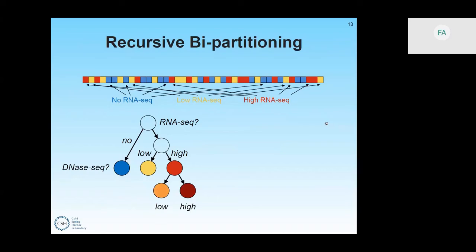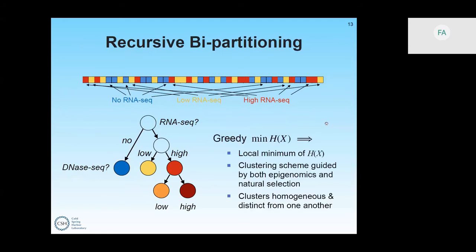And by doing this recursively, we can grow a decision tree that's going to find combinations of covariates that are informative about natural selection, okay? And we'll effectively be simultaneously fitting the evolutionary model and finding the clustering. We'll be doing it using a greedy algorithm that's not guaranteed to find a global optimum of the entropy function, but it will be guaranteed to find a local optimum.